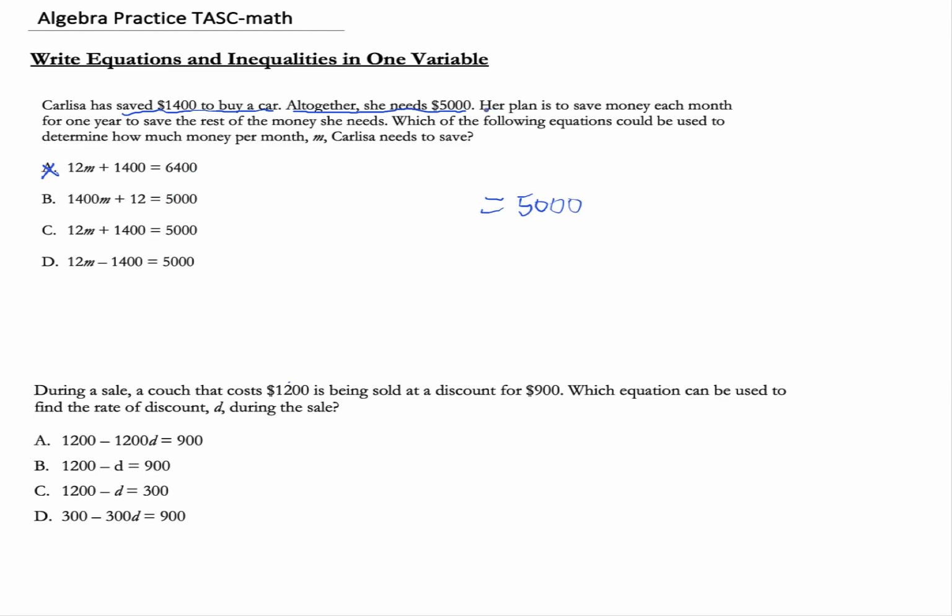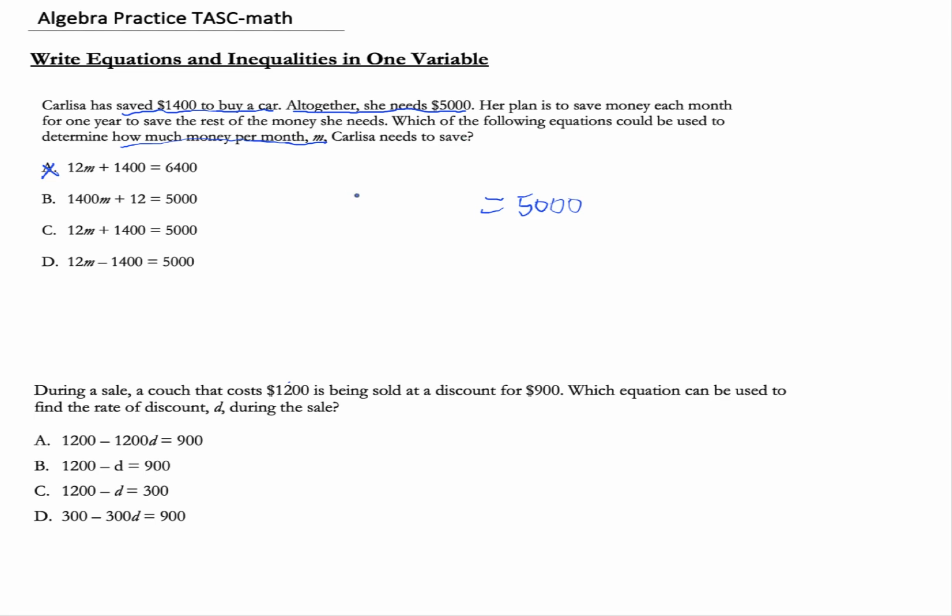The question goes on to say her plan is to save money each month for 1 year to save the rest of the money she needs. So she doesn't have all the money, but she's planning on saving money each month. Which of the following equations could be used to determine how much money per month M Carlisa needs to save?